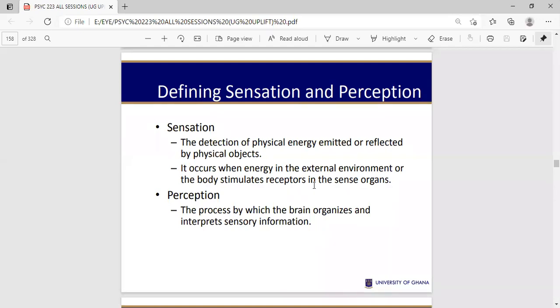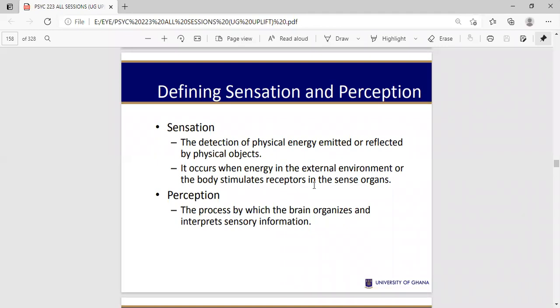So for instance, for you to see that this color is blue or white, your eyes will pick that kind of information as light rays.